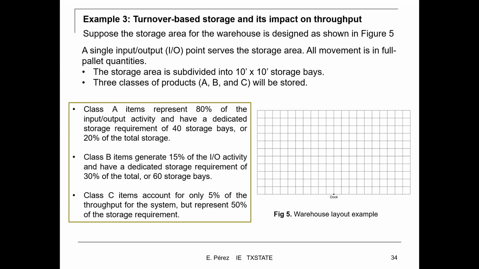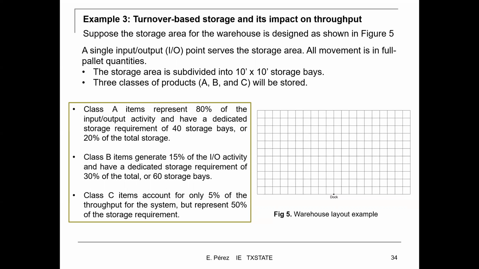So suppose in this example, the storage area for the warehouse is designed as shown in figure 5. A single input-output point serves the storage area. All movement is in full pallet quantities, and the storage area is subdivided into 10 by 10 storage spaces. 3 classes of products, A, B, and C, will be stored.